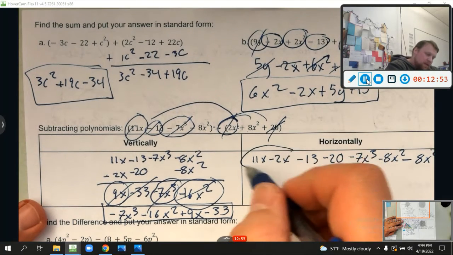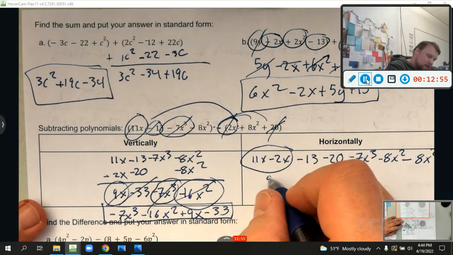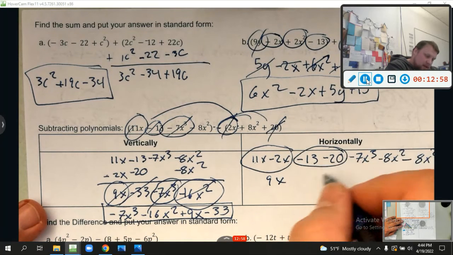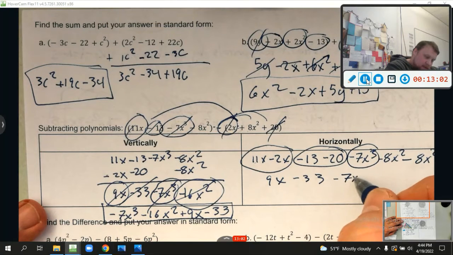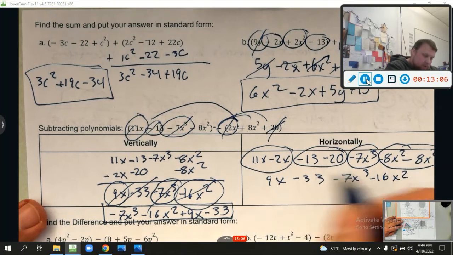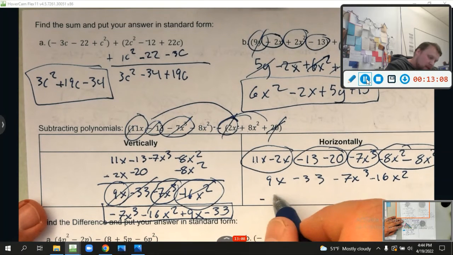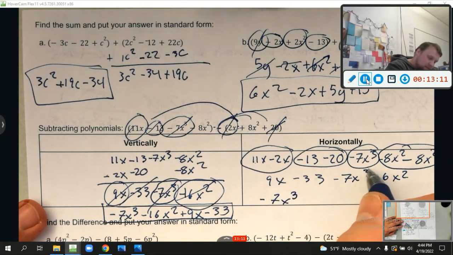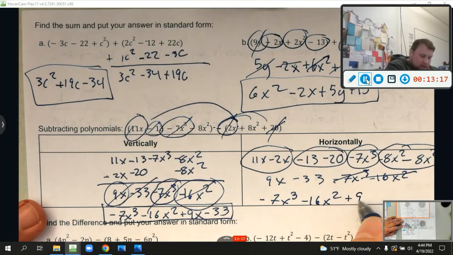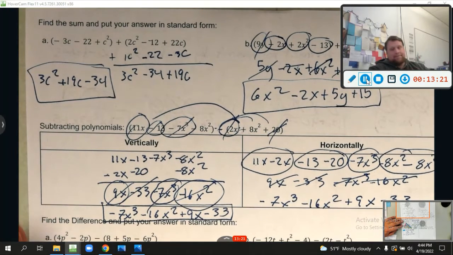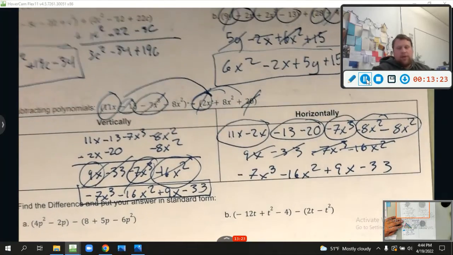Now we can combine them. 11x minus 2x is 9x, minus 33, minus 7x cubed, and minus 16x squared, which we know we put in order to be negative 7x cubed, minus 16x squared, plus 9x, minus 33. Boom, boom. Okay. So two different ways to do the same thing.